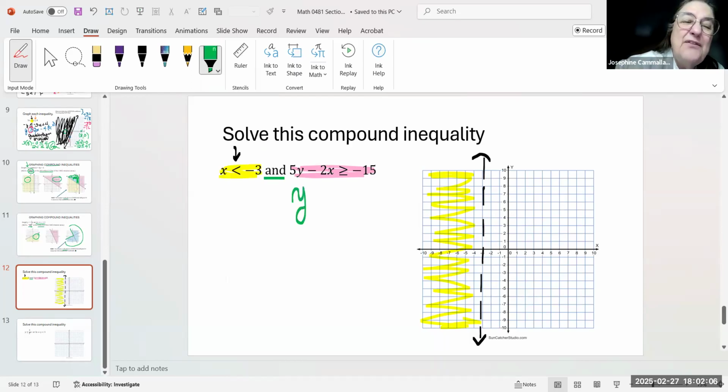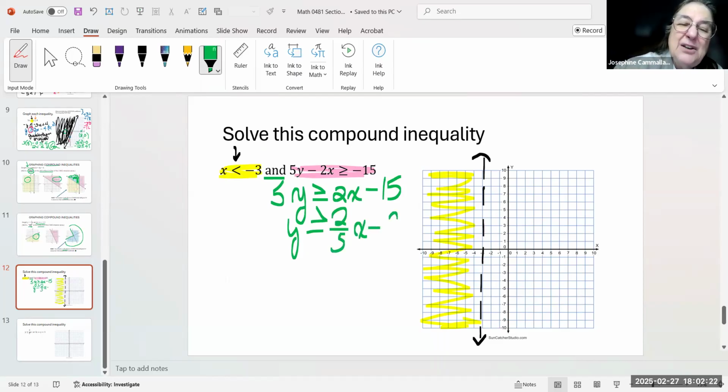So this is 5y is greater than or equal to 2x minus 15. Y is greater than or equal to 2/5 x minus 3.